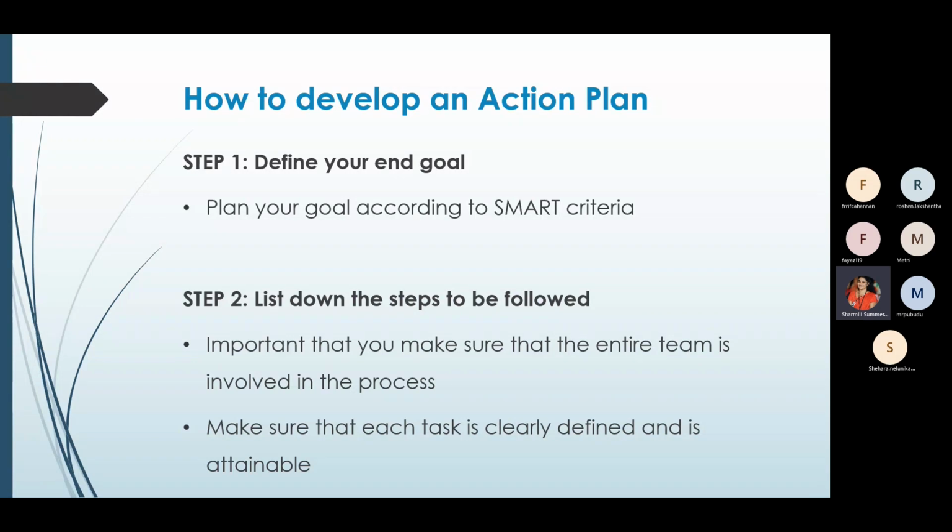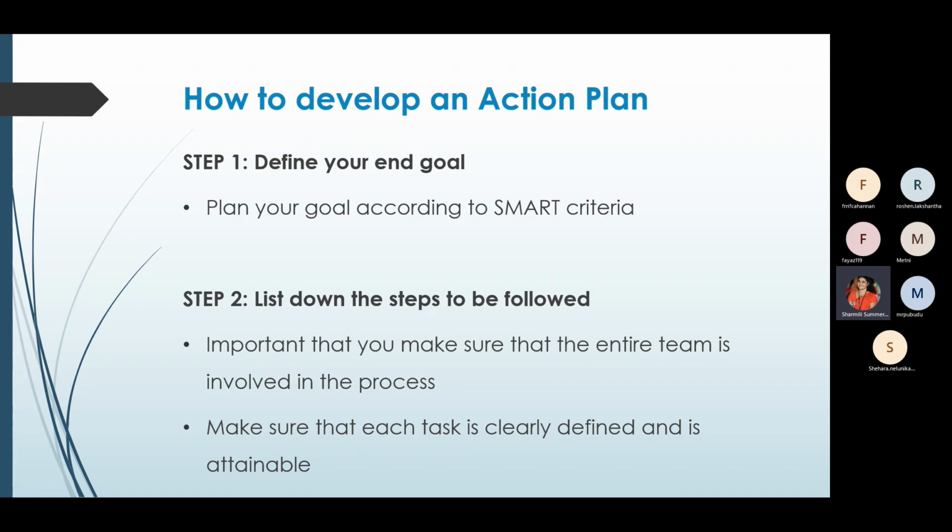Make sure that each task is clearly defined and is attainable. Just formulating or proposing a task is not enough. When you are proposing any task or step, you need to be very clear whether each and every task could be attainable, that means could be achieved or not. Why? Because only at the completion of all the tasks could your goal be achieved.